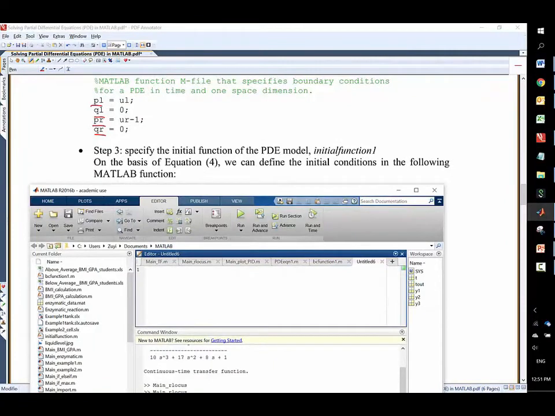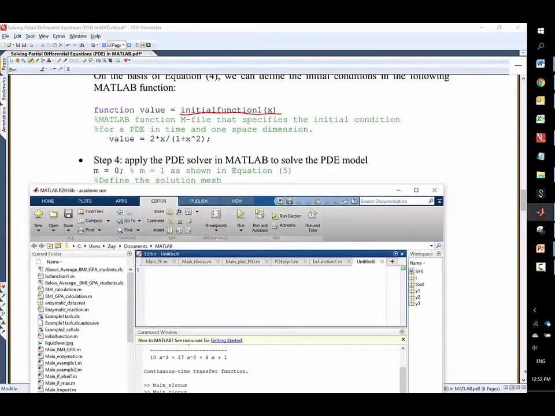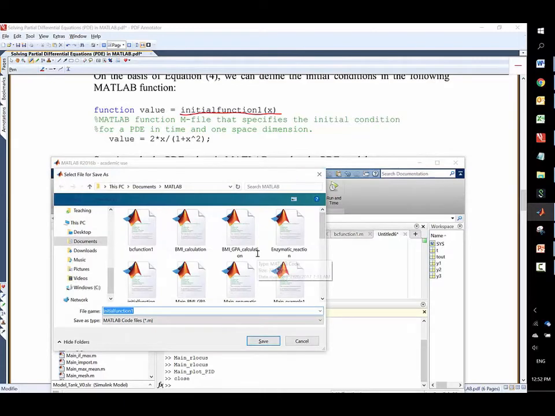So we get function value equal to initial function 1. Again, you could change the name of the function. You get value equal to 2 times x over 1 plus s squared, plus the semicolon.